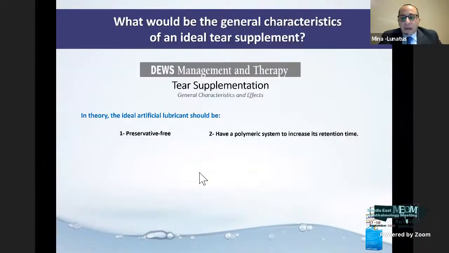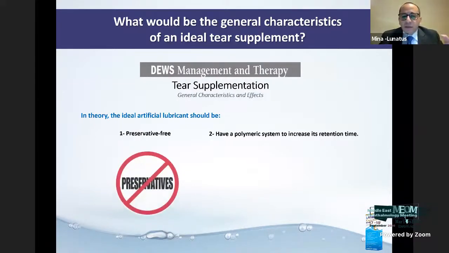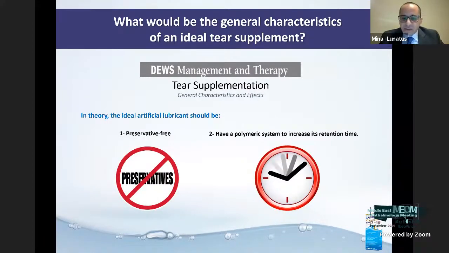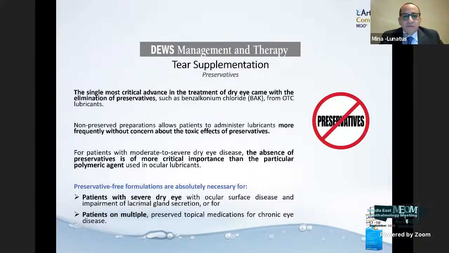So another point that we want to highlight from the DEWS before talking about Artilac Complete is the general characteristics of an ideal tear supplement. According to the DEWS report, an ideal tear supplement should be preservative-free and should have a polymeric system to increase its retention on the ocular surface.